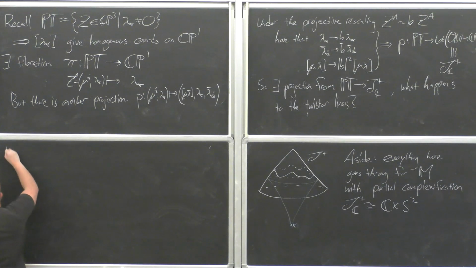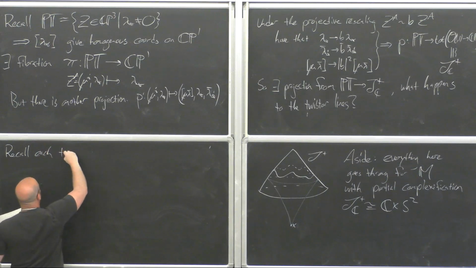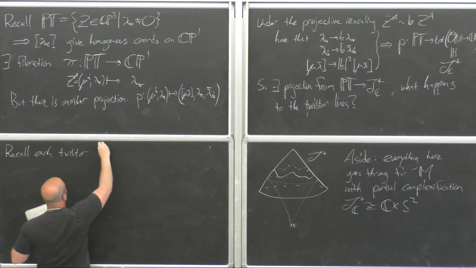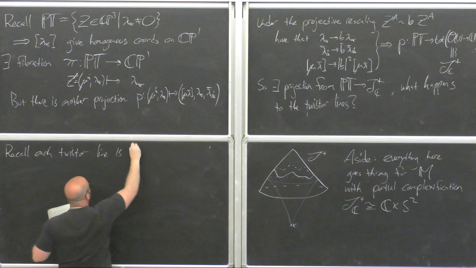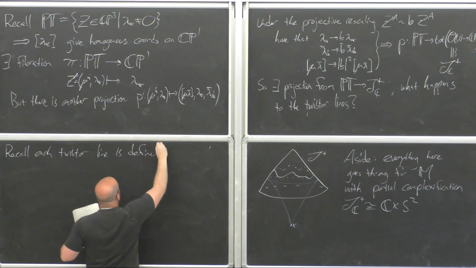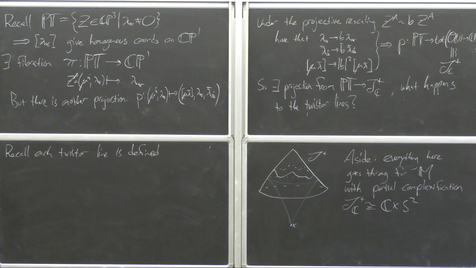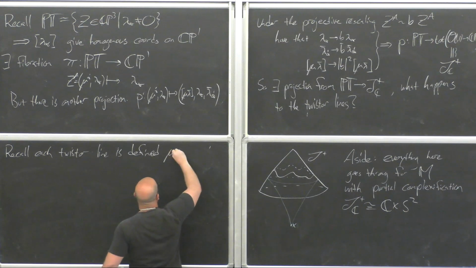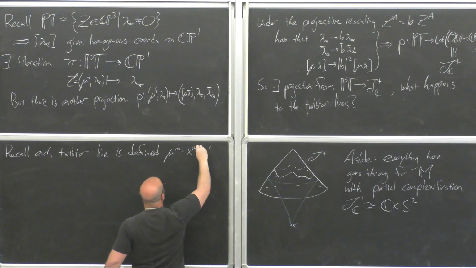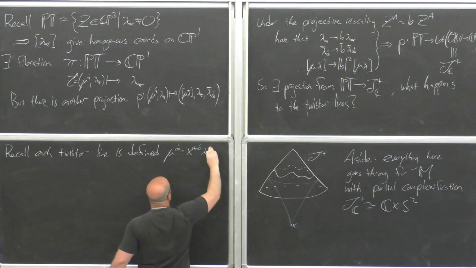So recall that each Twistor line is defined by those incidence relations we wrote down yesterday. So these were these linear equations, mu alpha dot equals x, alpha alpha dot lambda alpha.